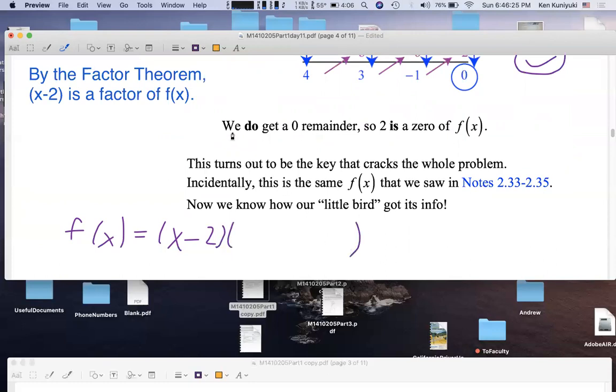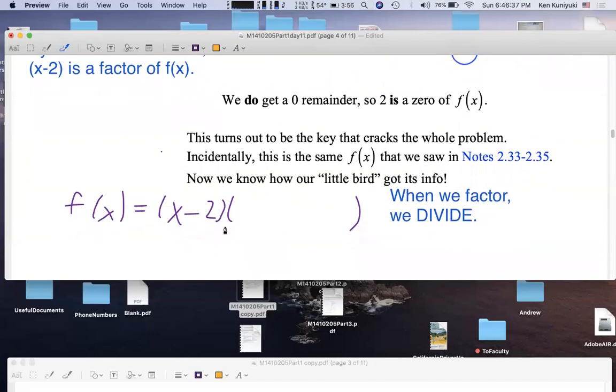Now, folks, remember, when we factor, we do what D word? When we factor, we divide. How do we get this other factor over here? We take the f of x guy over there, and we divide by x minus 2. We've done this before in section 2.3, by the way. I'm reviewing.